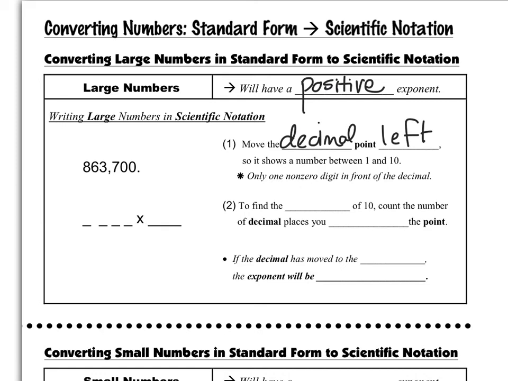So here is my decimal point. I'm going to move it to the left until it gets to a number between 1 and 10. So I have 1, 2, 3, 4, 5. So I move the decimal point 5 times. If I move the decimal point 5 times, that means I'm going to have an exponent of 5. And that decimal point is now between the 8 and the 6.